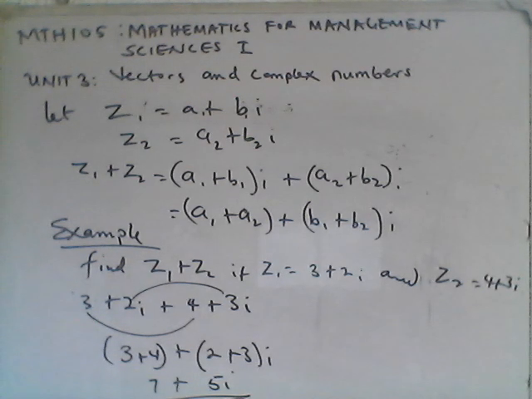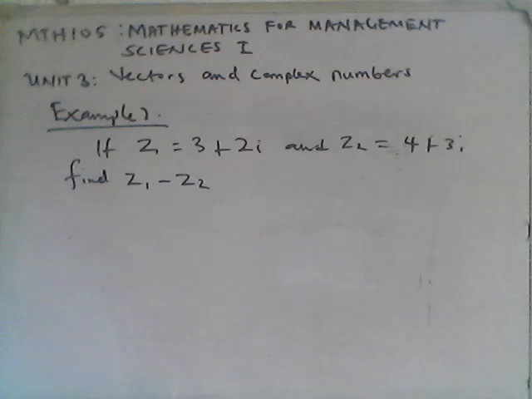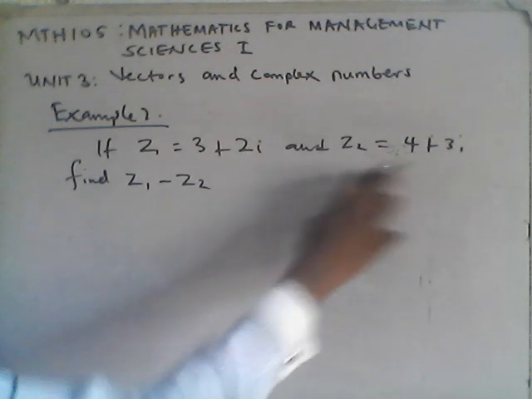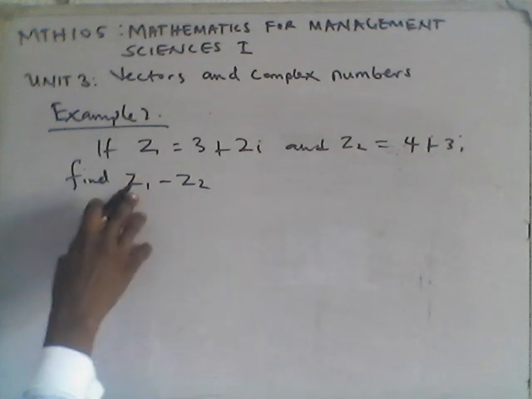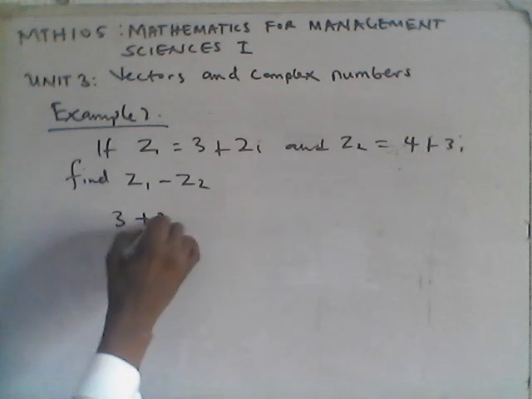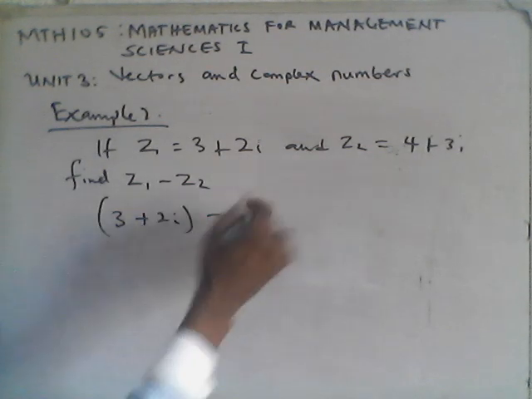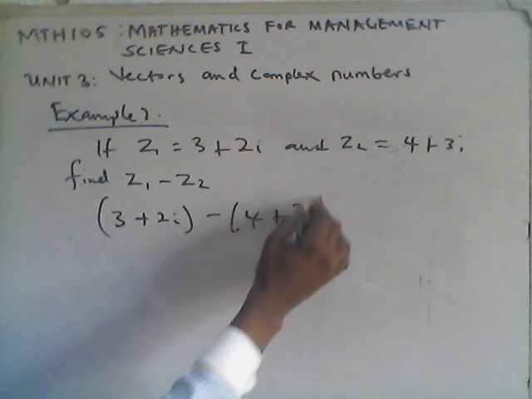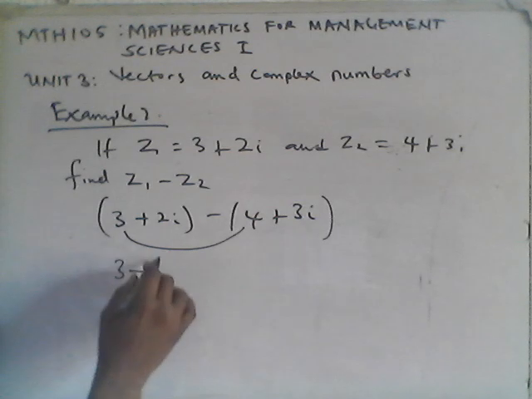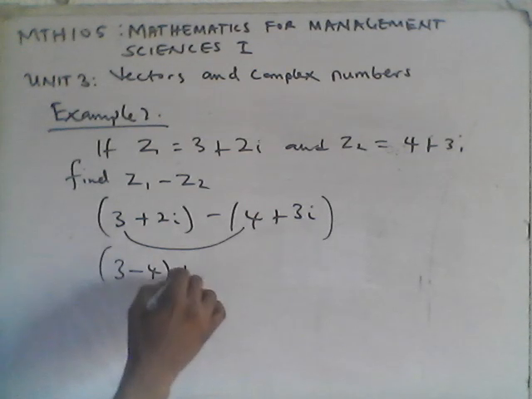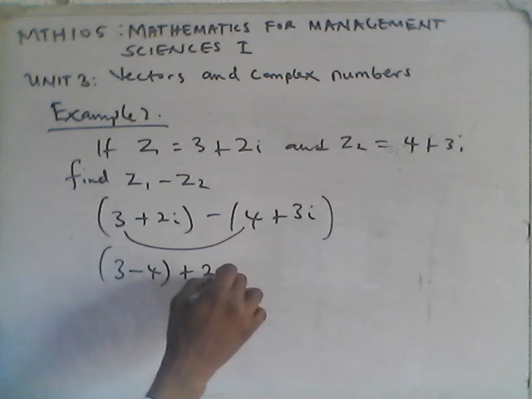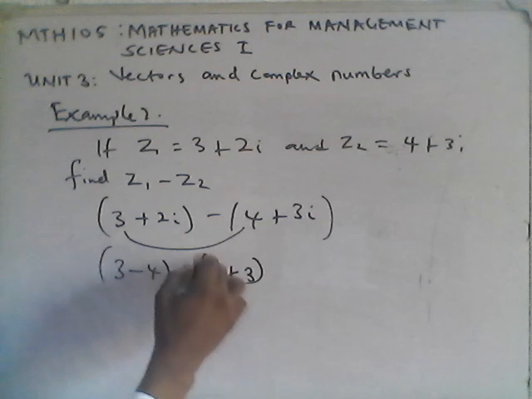Okay, let me do another example. If Z1 is equal to 3 plus 2i and Z2 is equal to 4 plus 3i, find Z1 minus Z2. So Z1 is 3 plus 2i, then minus Z2 is 4 plus 3i. So we'll do the subtraction, this and this, 3 minus 4, then plus 2 minus 3i.